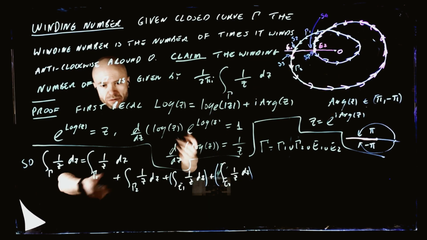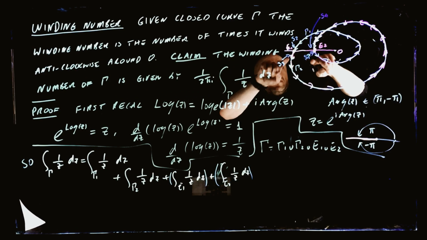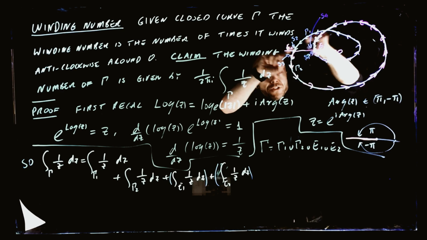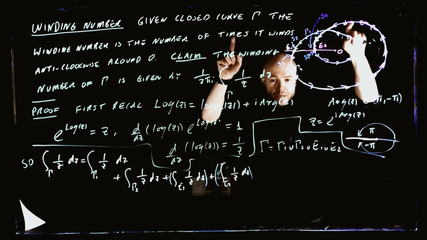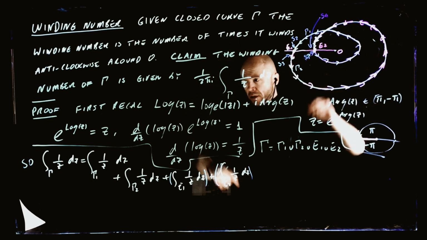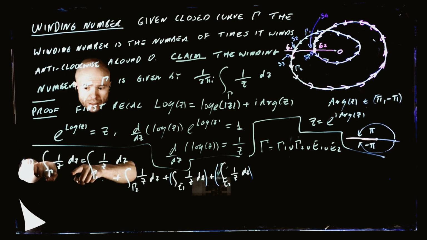But we have the fundamental theorem of calculus in the complex plane, because for gamma 1, in this region, we have a perfectly nice holomorphic function in an open set. So we have the antiderivative. The antiderivative of this guy is complex log.